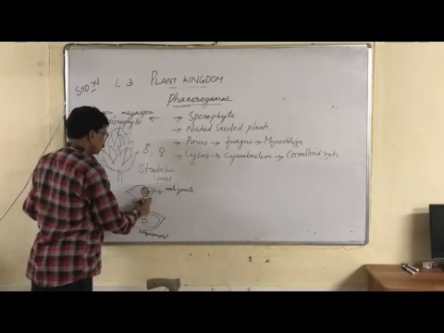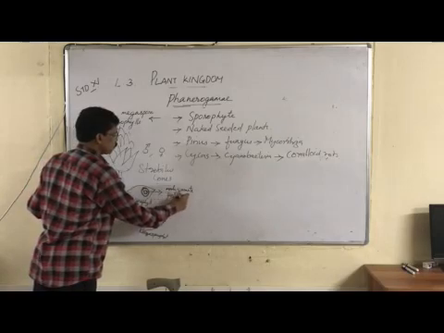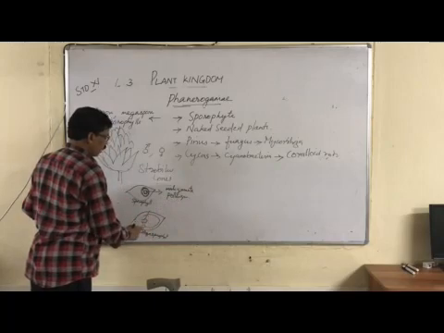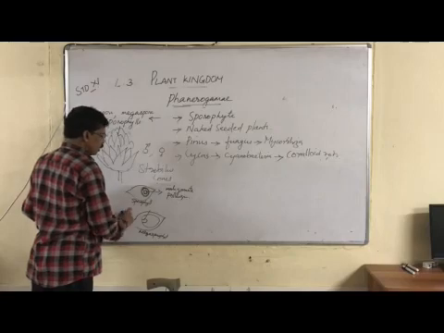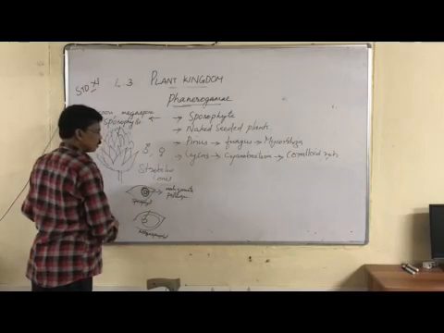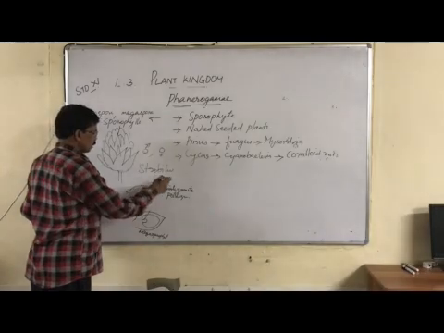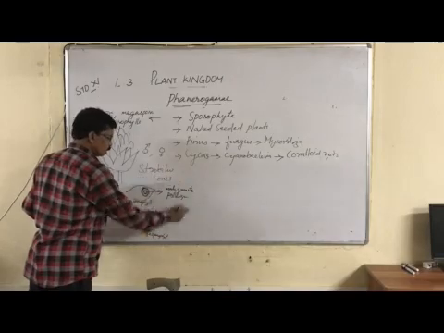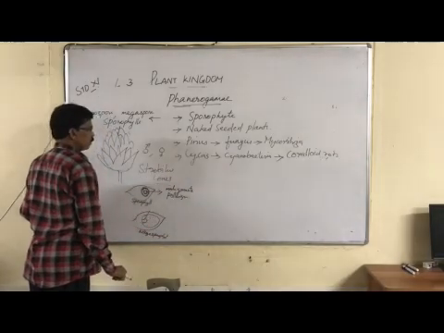So the male gamete present in the pollen grain fuses with the egg present in the megasporophyll and forms the zygote. The zygote is represented by the gametophytic stage, and the gametophytic stage is very small in this type of plants.